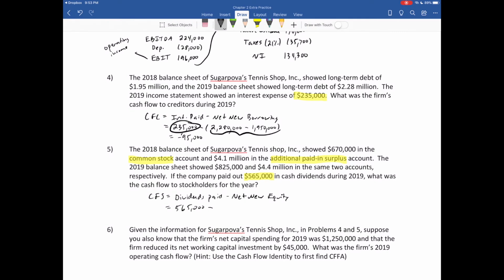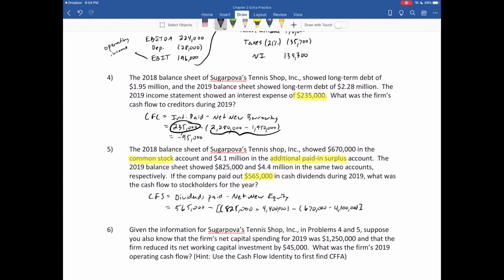So the ending equity balance would be the 2019 values, so $825,000 in common stock, plus the $4.4 million in additional paid in surplus, minus the 2018 values. So the 2018 values are $670,000 in common stock, plus the additional paid in surplus of $4.1 million.